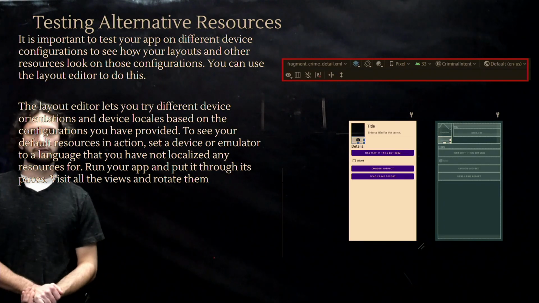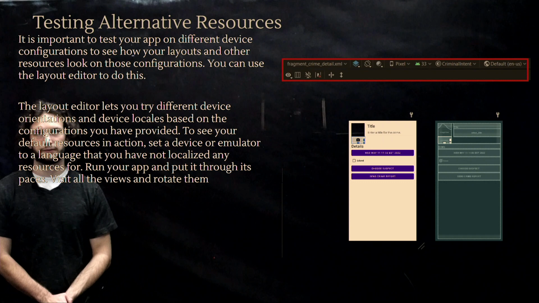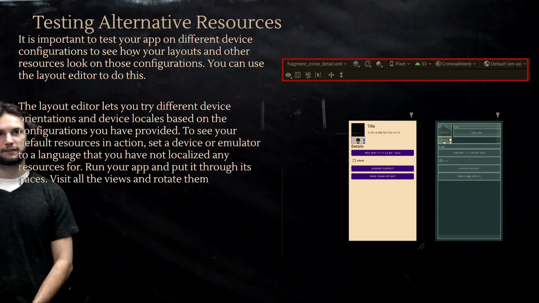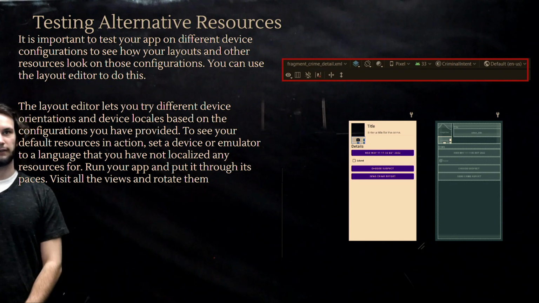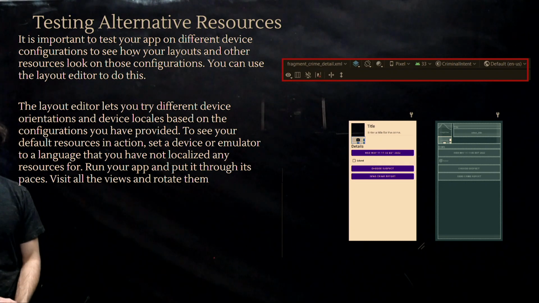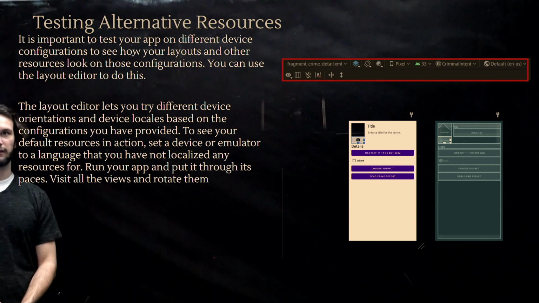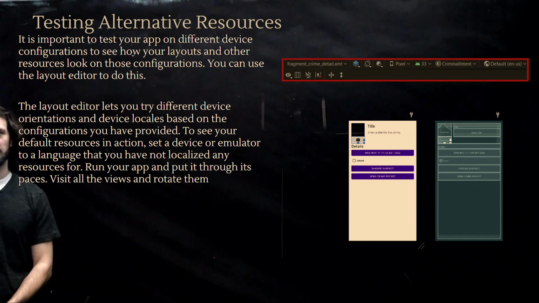Another helpful tool that allows you to test alternative resources is the layout editor. You've already seen this in the design view if you were to go into your resource files previously, but it is important that you test your app on different device configurations to see how the layouts in other resources look in those configurations.